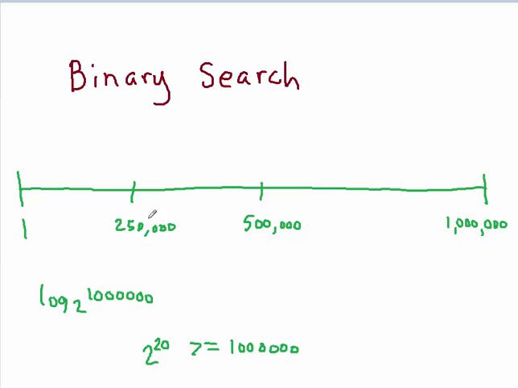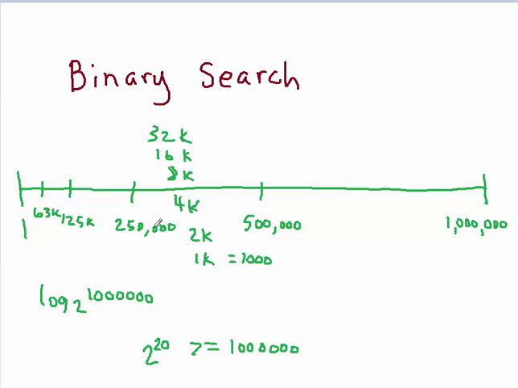500,000, 250,000, 125,000, 63,000, 32,000, 16,000, 8,000, 4,000, 2,000, 1,000, and we know that a number between 1 and 1,000 can be guessed in 10 guesses.